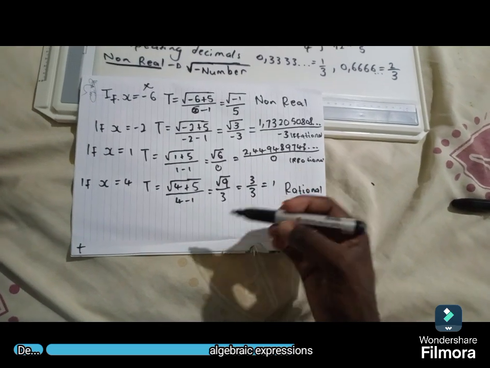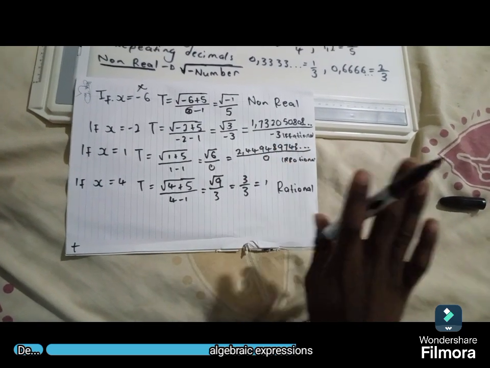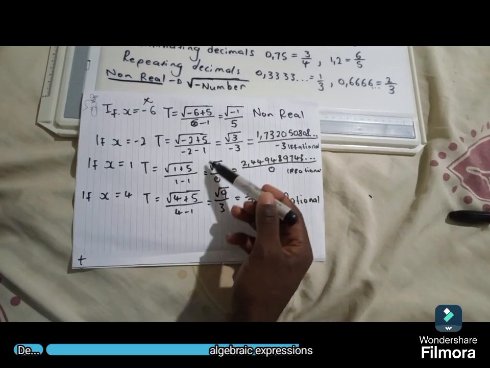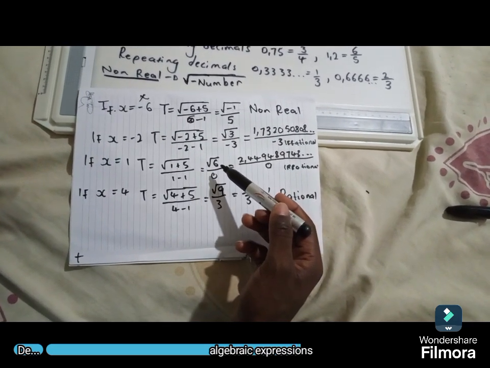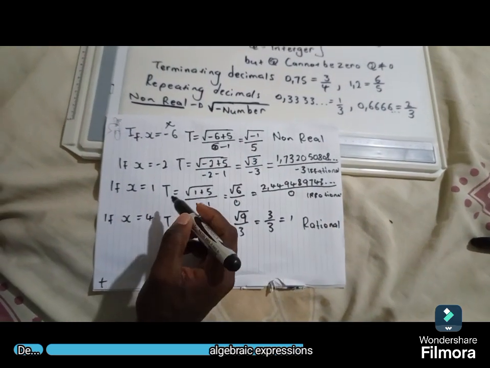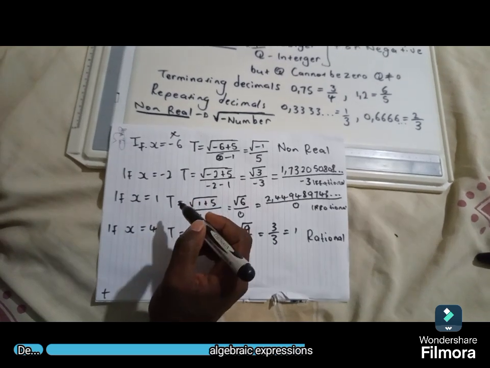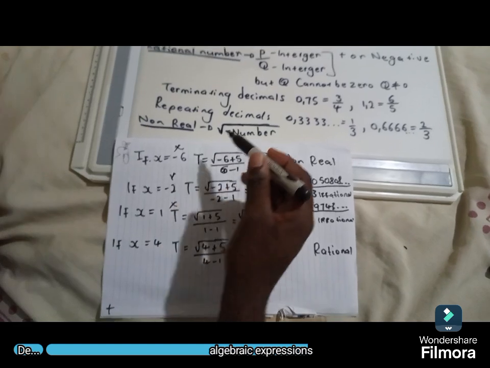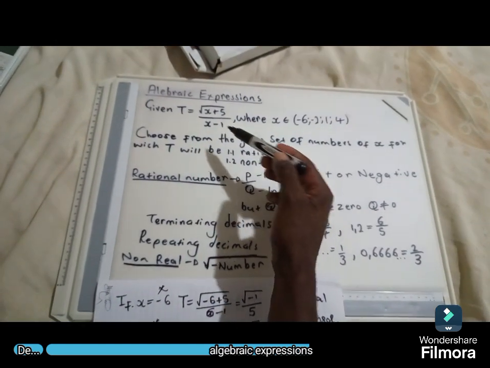Whenever you are dividing by 0, that is undefined. So we can see now that this one is an undefined number. It's not rational. So let's mark them wrong, the ones that are not rational, because we are looking for numbers here that will make our given equation rational for 1.1, right?